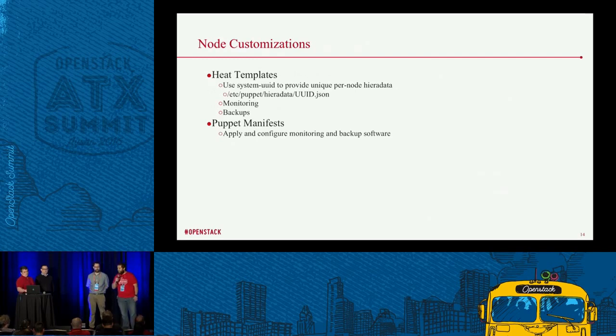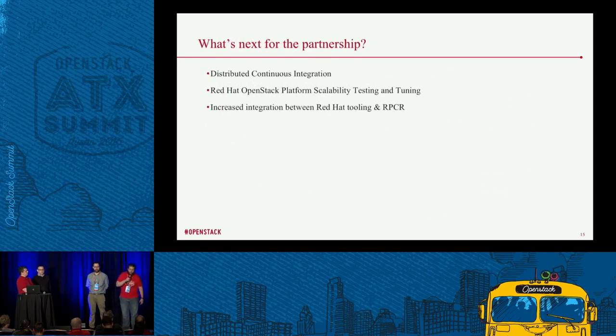Okay, next slide. So what's next for our partnership? We're working with Red Hat to expand the way we test future versions of OpenStack. One of the ways we've managed to do this is by working with Red Hat to configure Distributed Continuous Integration, or DCI for short. This allows us to test pre-development and pre-GA release versions of OSP in order to ensure it works in our environment with our configurations.